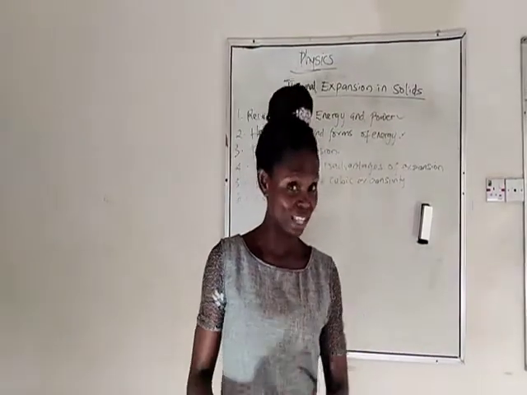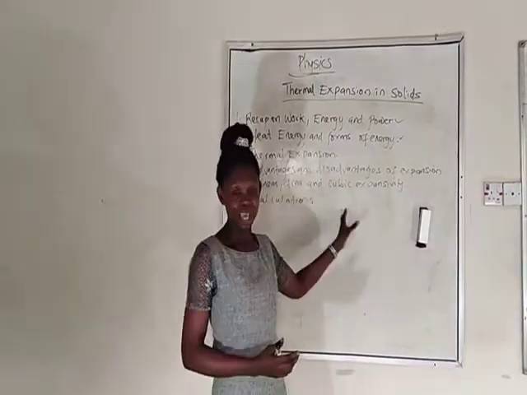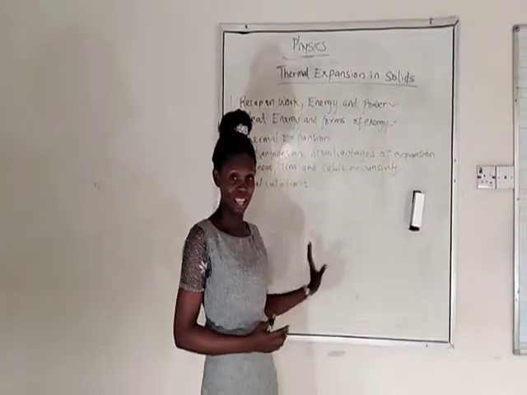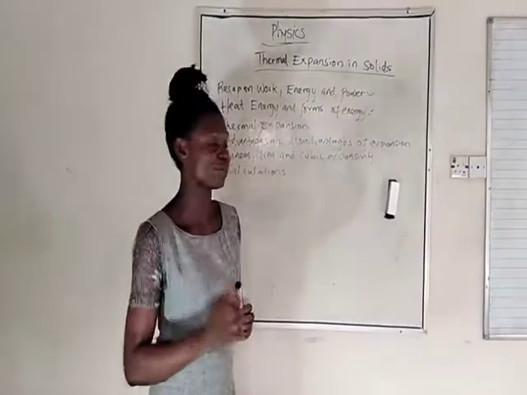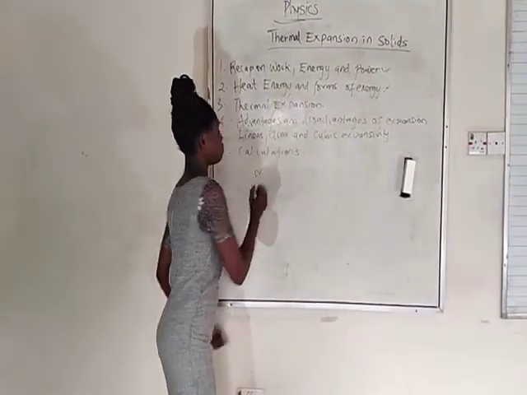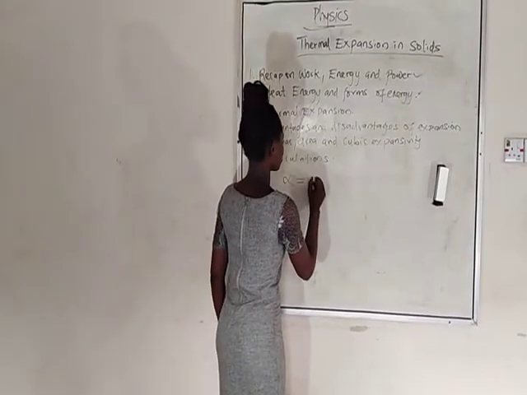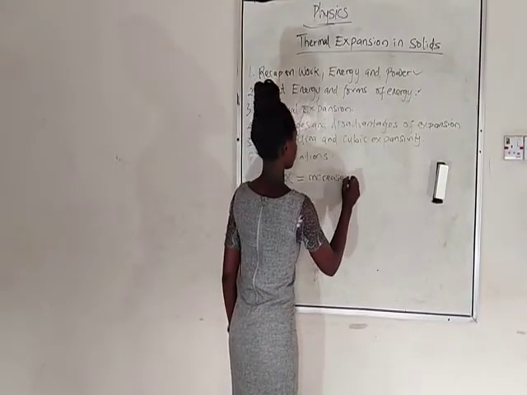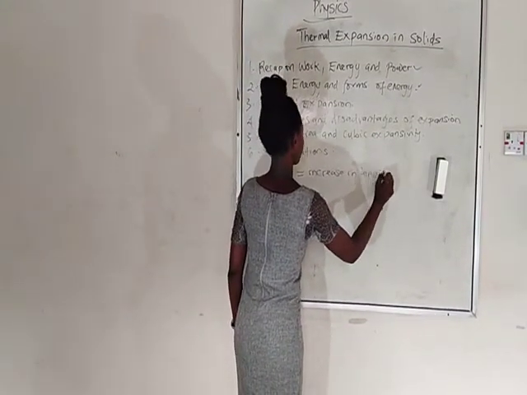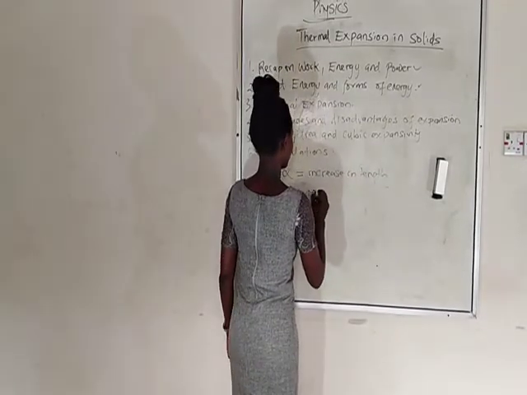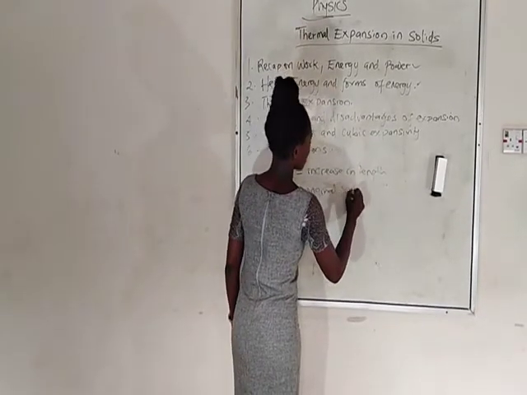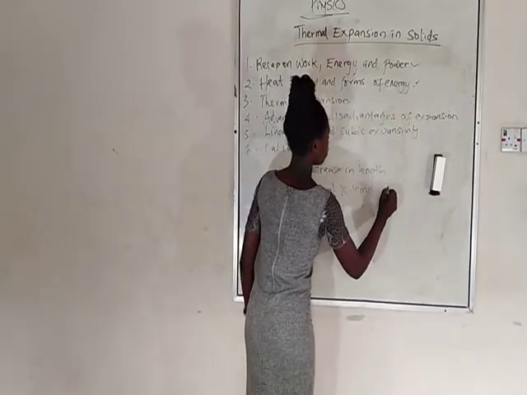Or you may want to say it is an increase in length over the original length per degree rise in temperature. Let me put that mathematically. We use the symbol alpha for linear expansivity, and it is written as increase in length all over the original length of this material times the temperature rise.